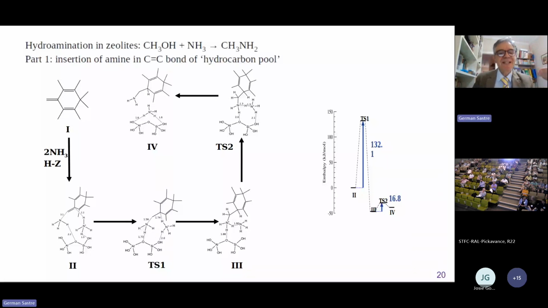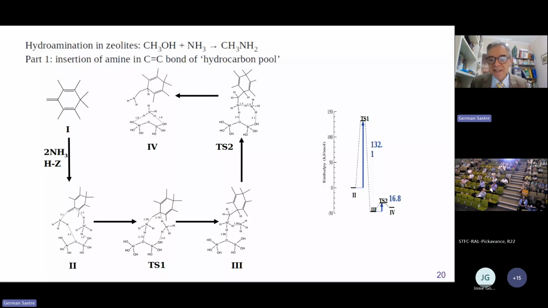And therefore, as I told you in the introduction, ammonia with the lone pair of nitrogen will never react with the double bond that you see there, unless there is something that is depleting electronic charge from this double bond. So in the previous hydroamination example, this was the transition metal. And then in this case, we propose that the ammonium cation is able to protonate this double bond, as you can see in the transition state 1, and as you can see in the intermediate 3.